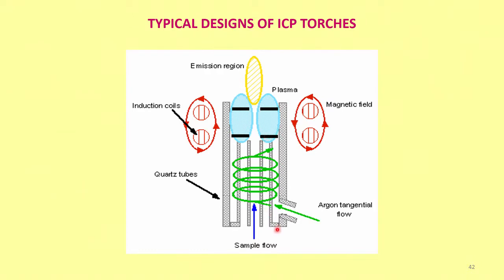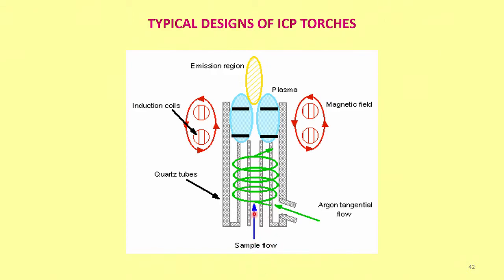So, here you can see this is the inner coil, okay. This is the argon tangential flow, it flows round and round inside the tubes. Here I have the first tube, the second tube and the third tube. The outermost is the third tube, and the one next to this is the second tube, inside is the third tube.